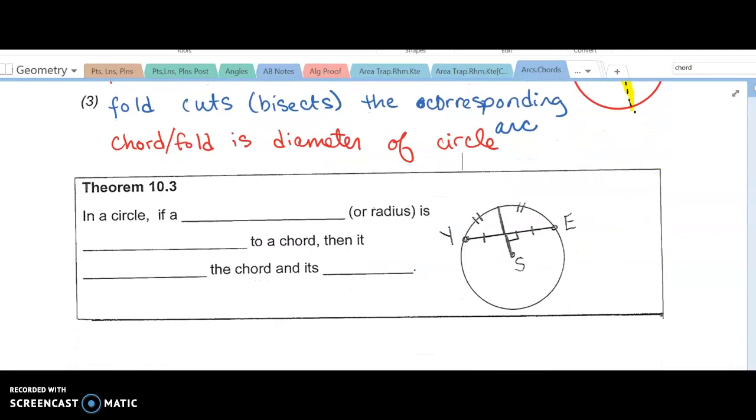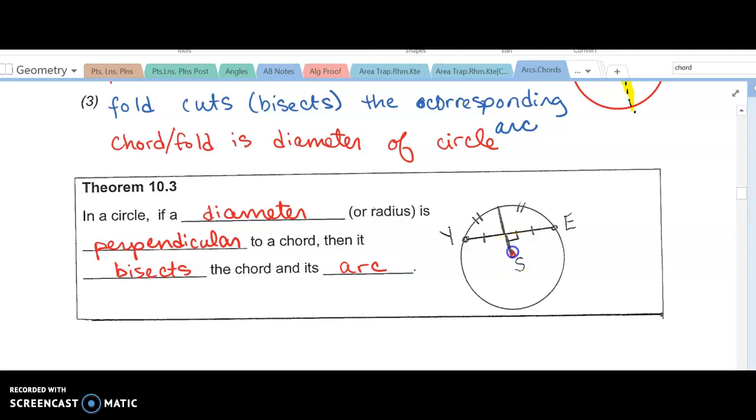All right, so our theorem says in a circle, if a diameter or radius is perpendicular, if it makes a 90-degree angle with a chord, then it bisects the chord and its arc. That's a lot.